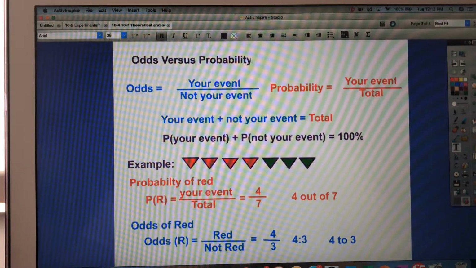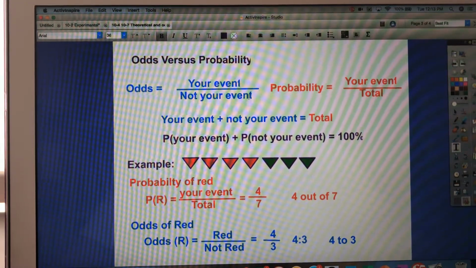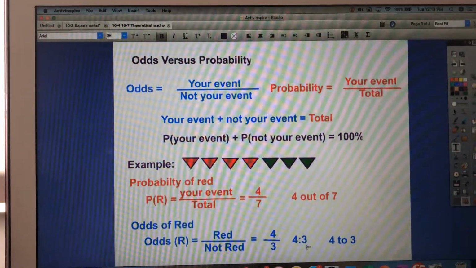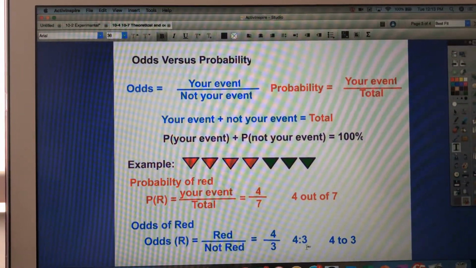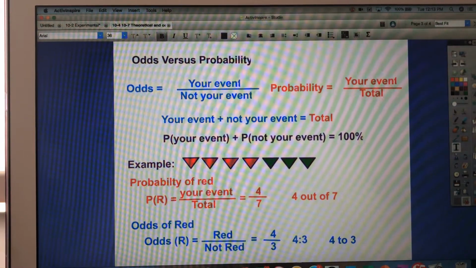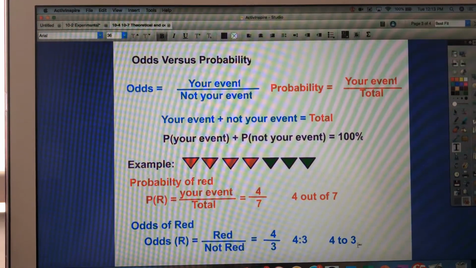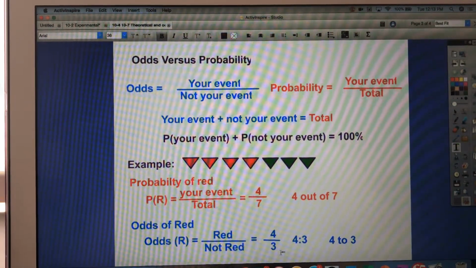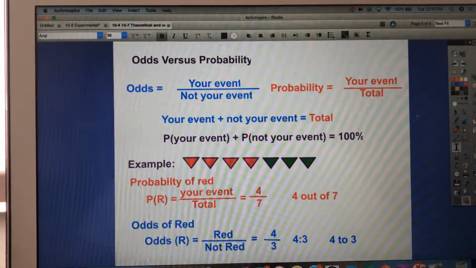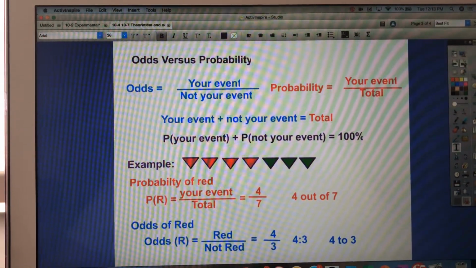Look up at the top, your event and not your event: 4 to 3. We are not turning this into a decimal or a percent because now this is a ratio, 4 to 3. It can be written 3 different ways, as a fraction, as a ratio, as a sentence, however you want to write it, but 3 different ways.